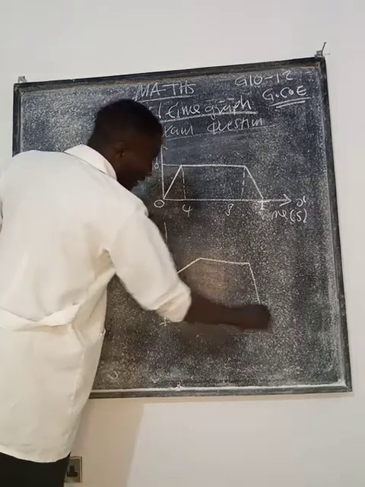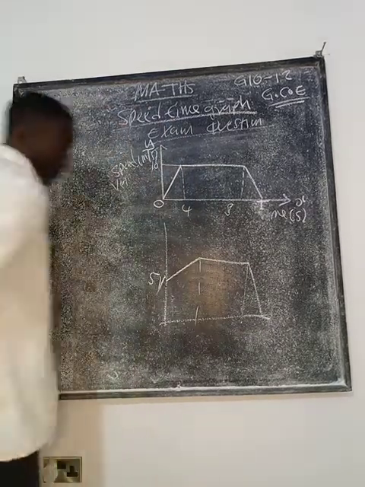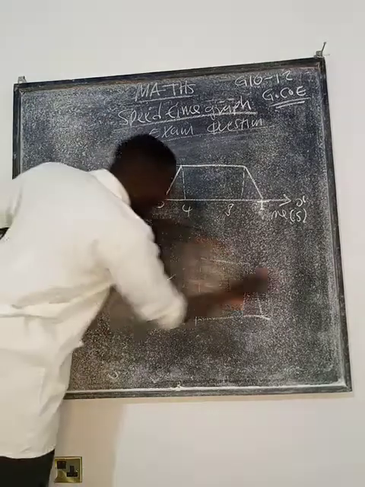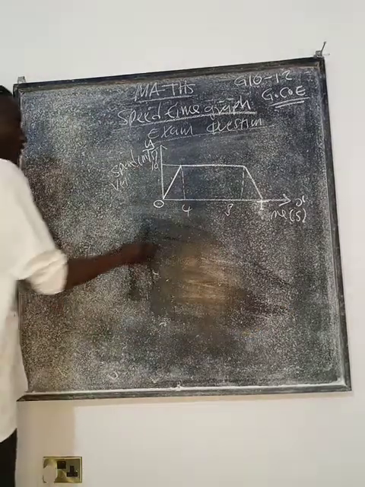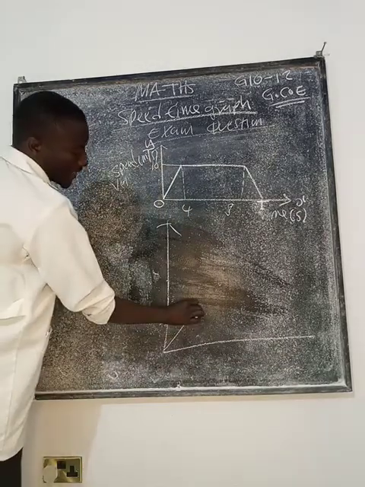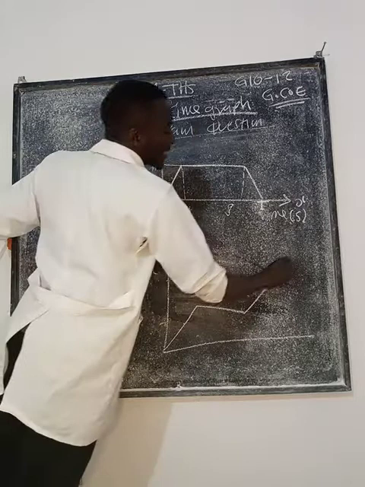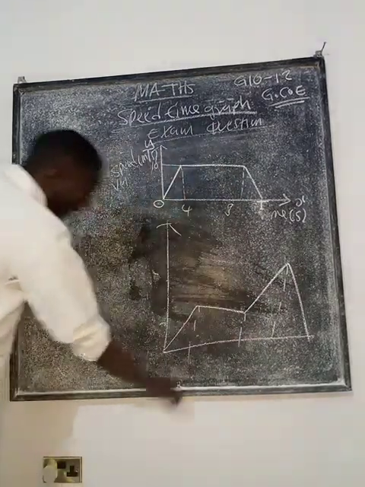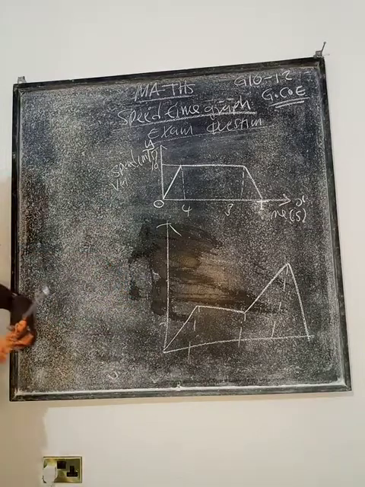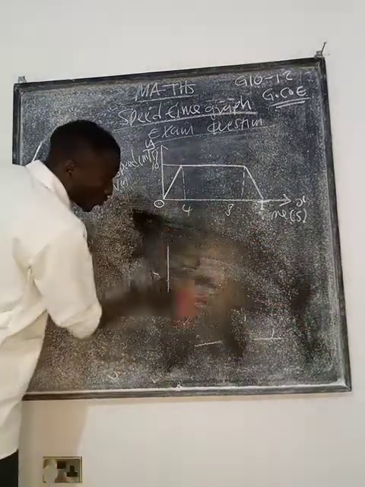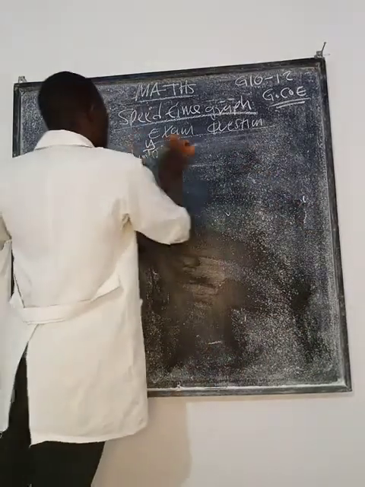In 2016, they brought such. Nevertheless, they can give you a graph which is showing an object accelerating twice. It accelerates, constant speed, accelerates and decreases in such a manner. All those are possible graphs that you see as we get on to the questions.